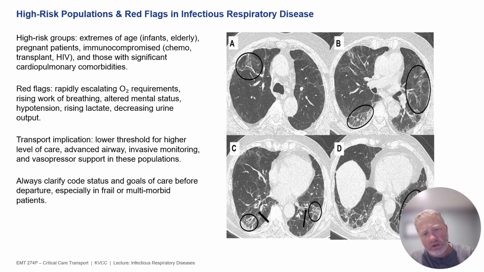Whenever you're dealing with a patient who's got a respiratory infection, and any of the ones that we've talked about or others, it's important to pay attention to high risk populations and red flags, and apply your clinical judgment beyond the numbers that you see on the monitor. Extremes of age, so infants, the elderly, pregnant patients, immunocompromised patients, those on chemo, those who've had transplants, those who are HIV positive, anybody with significant cardiopulmonary comorbidities.